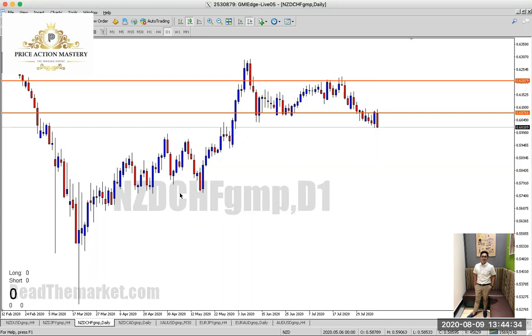This is very simple. As everybody sees, a small red candle and a big blue candle is called an engulfing bar. Many people will go and buy, and as you can see, the market drops. Same with this engulfing condition: everyone buys and it drops.